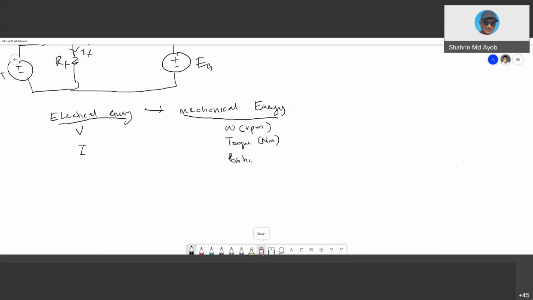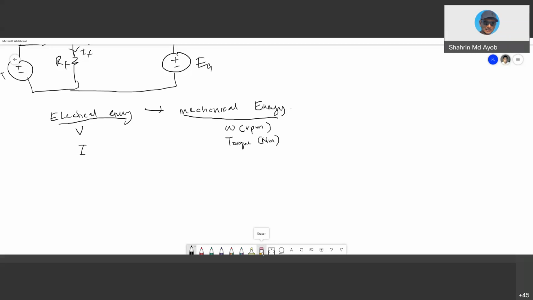Position is usually for a stepper motor. For example, the laser requires the motor to have a precise position to read all the data. But for this syllabus, we just ignore the position. The main parameters that we want to see are the relationship between electrical energy and mechanical energy.